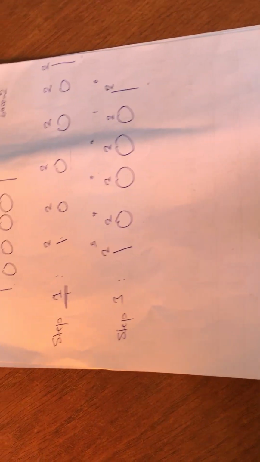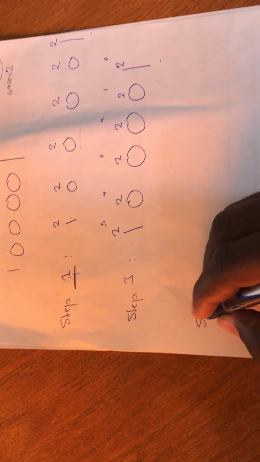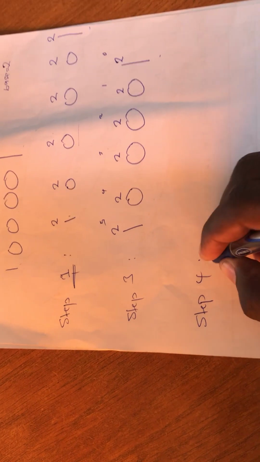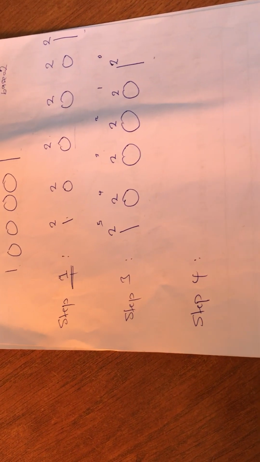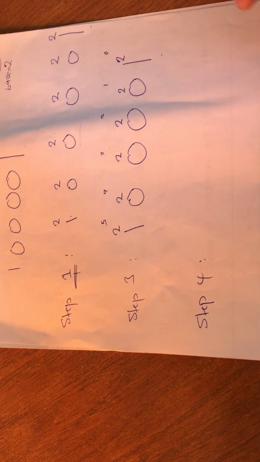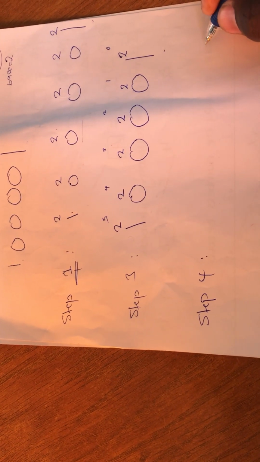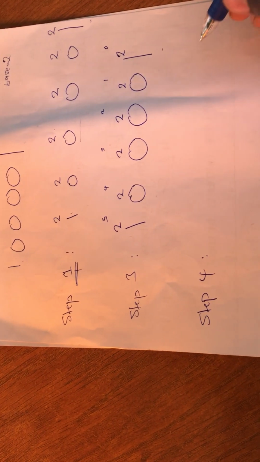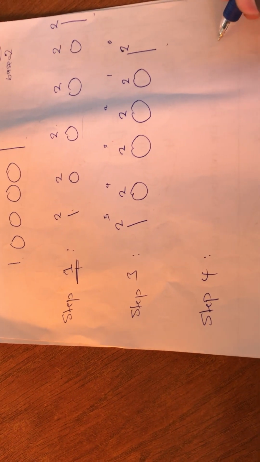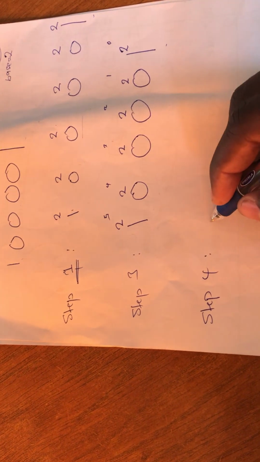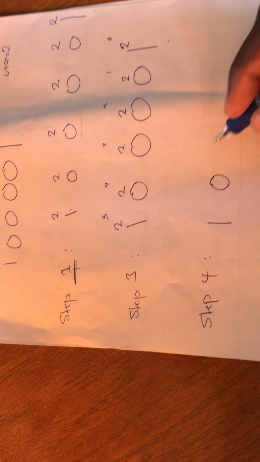So what that means, we can go to step 4 now. So step 4, we are just going to multiply 2 to the power 0, it's 1. Let's write the number down first again with 4 zeros.